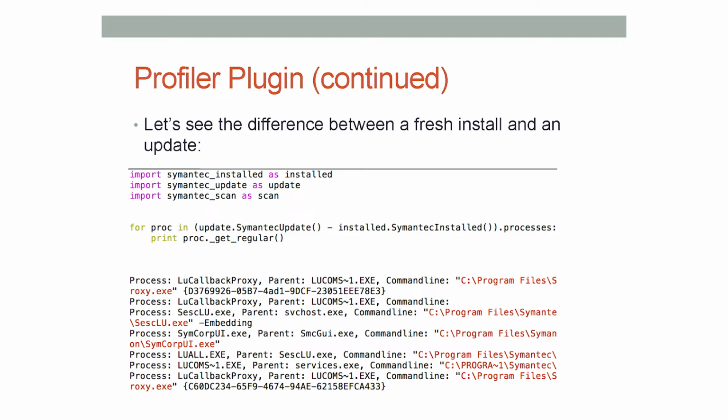We only want things that are useful for the update process that we're having. And so we're going to subtract those out. We get the processes, and we're just printing out this regular code. So these items that we're getting here are things that were only on the machine during this Symantec update. So those are the things that we're interested in.